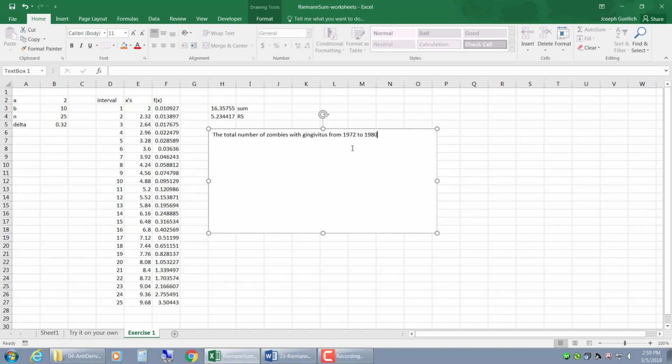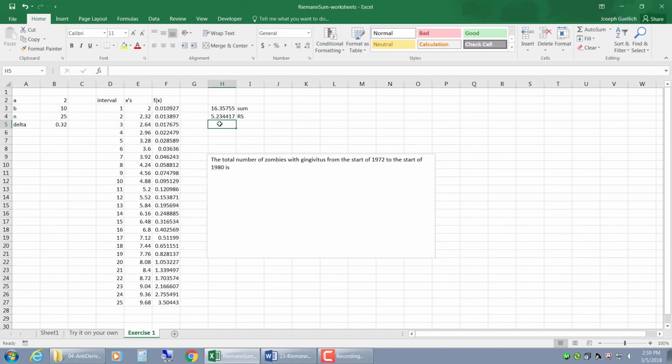You could actually put from the start of 1972 to the start of 1980 or something to indicate that. It doesn't include 1980, so be careful about the wording. It might include it, but in this case, we are only going from the beginning of 1972 up to the beginning of 1980.